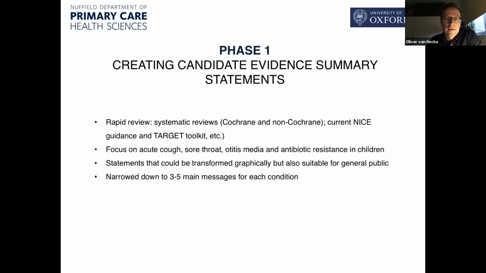We narrowed it down through mutual consensus to 3 to 5 main messages for each condition. The content of each message was informed by the relevant systematic reviews, current NICE guidelines, TARGET toolkit, and other relevant observational studies pertinent to the research question.